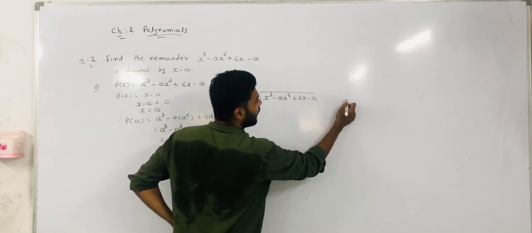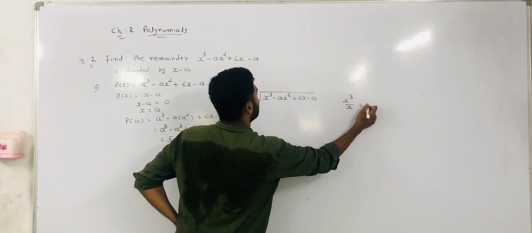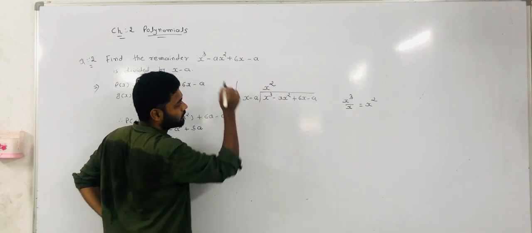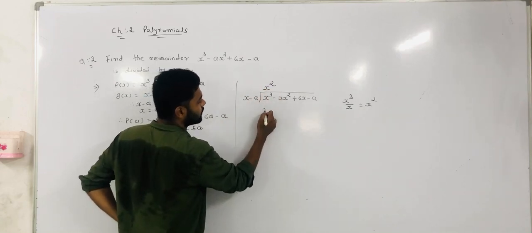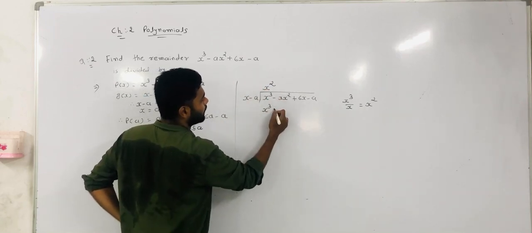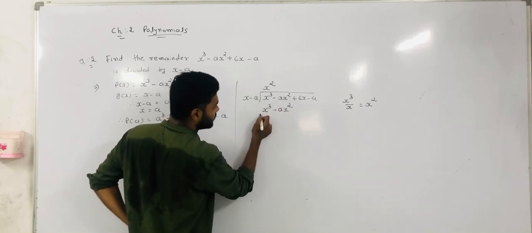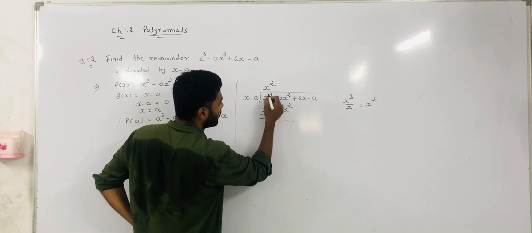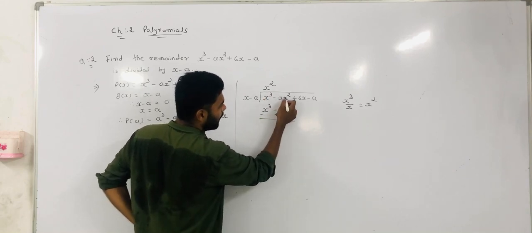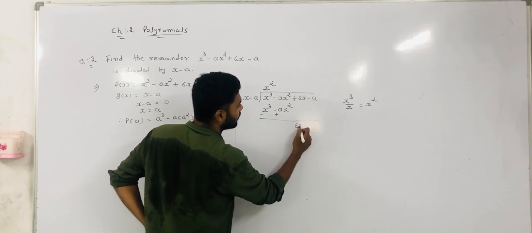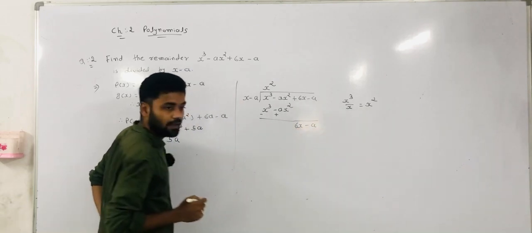So that will be x cube by x, so you will get x square. So here x square will come, then x square into x minus a gives x cube minus a x square. Change the sign: x cube will be cancelled, minus a x square plus a x square will be 0, so remaining is 6x minus a.